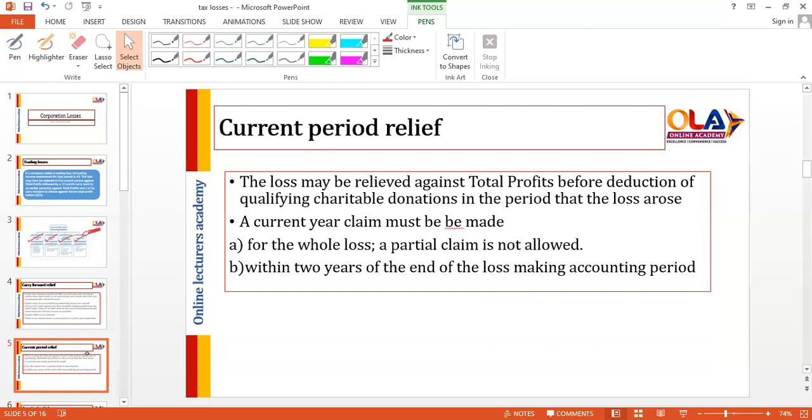Similarly, in the case of carry forward, there is no limit. You can offset for any time period, but in case of the others, there might be some restriction. In case of current period relief, one of the restrictions is that a partial claim is not allowed. So the whole loss can be offset, and if you're not able to offset, you have other options available.